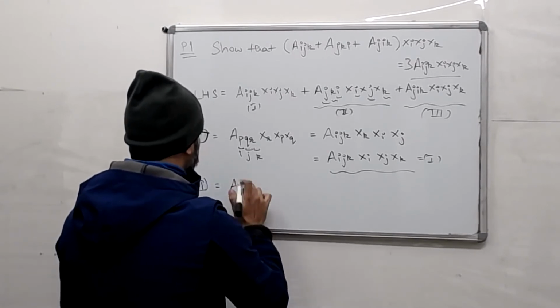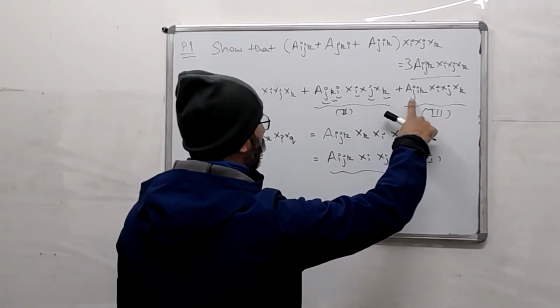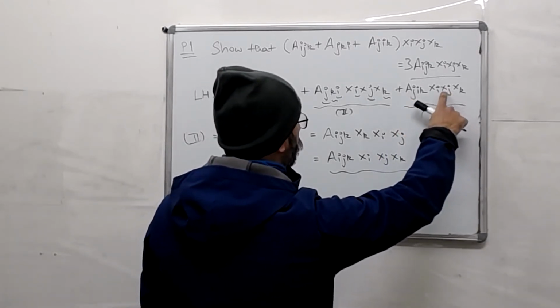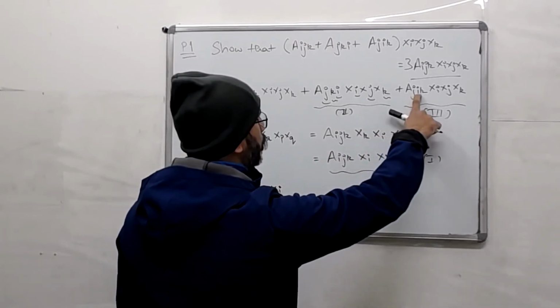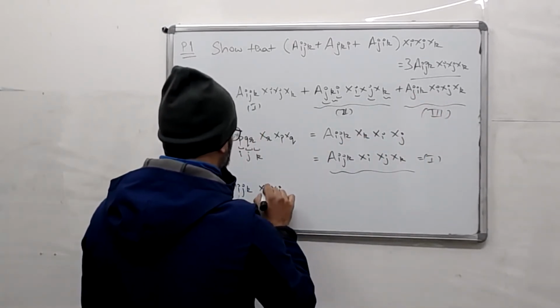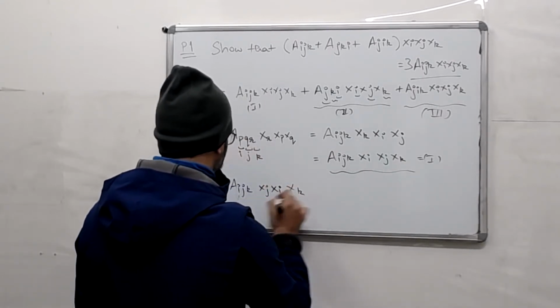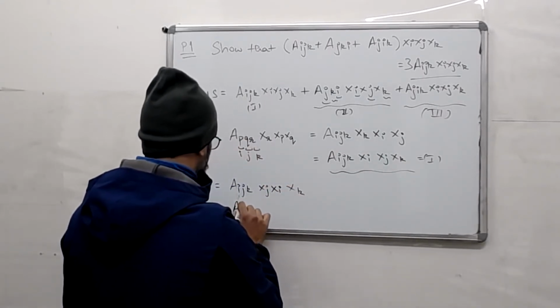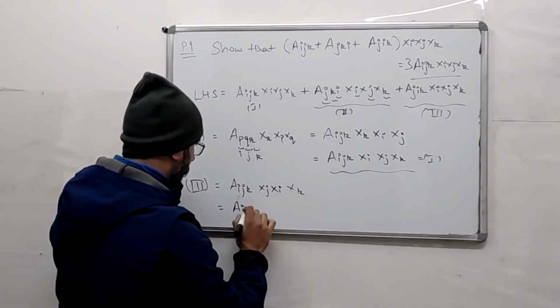So j was replaced with i. So all j's become i. So this becomes xi. All i's become j. So this becomes xj, and all k's stay k. So this becomes xk. And you can move around the terms. So this is the same as aijk, right?